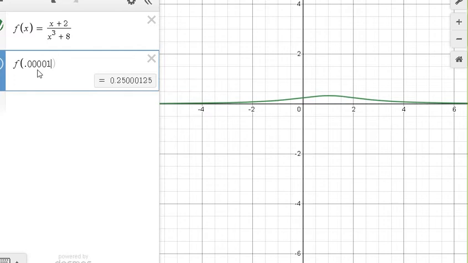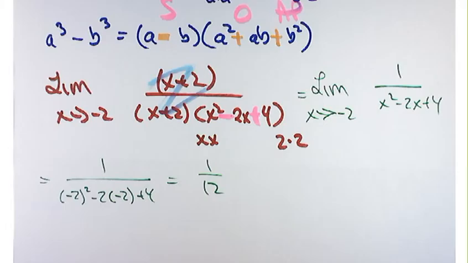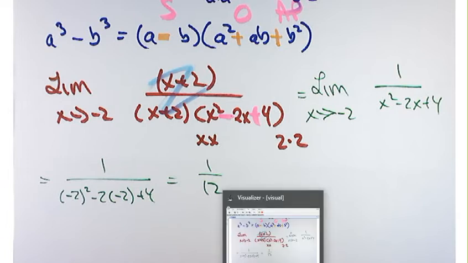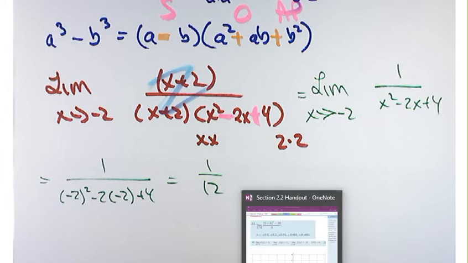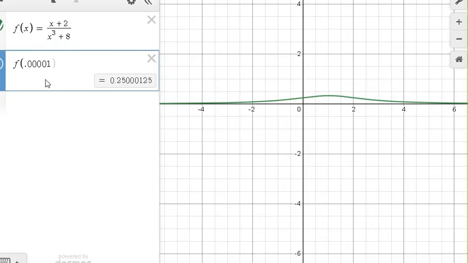I'm wondering if I made a mistake in my algebra. See, it's good that we're checking things, right? Yeah, let's see here. Negative 2. Oh, okay. Yeah, there we go. All right, let me go back here. So yeah, we're approaching negative 2, right?